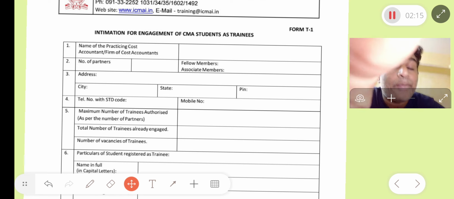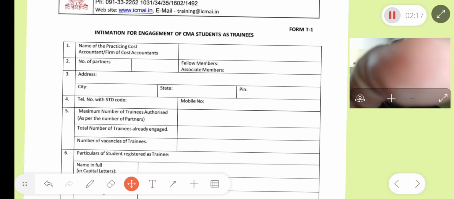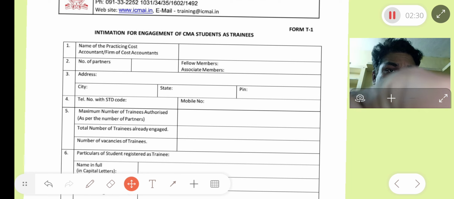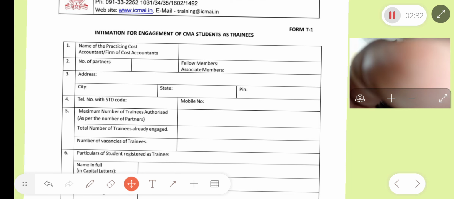So this is the application form for whenever you go into a practicing cost accounting firm. Number of partners: they are associate members or fellow members of the institute. Mention the address where you are located, your firm address details and mobile number.